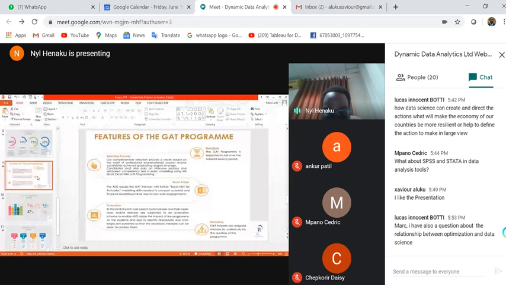So let me speak briefly about the ASG model. The Actuarial Society of Ghana, having understood this, came up with a program we call the Graduate Actuarial Training Program. It is purposely for a year.